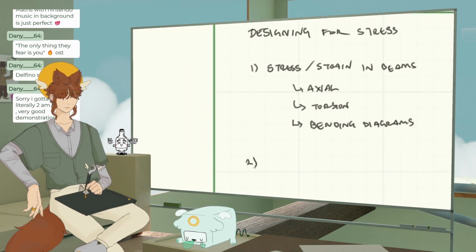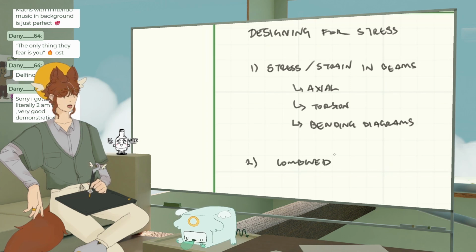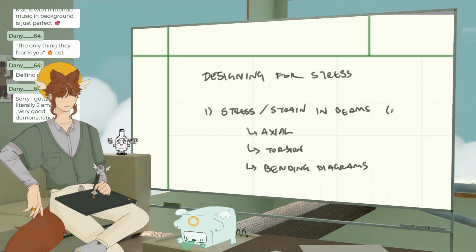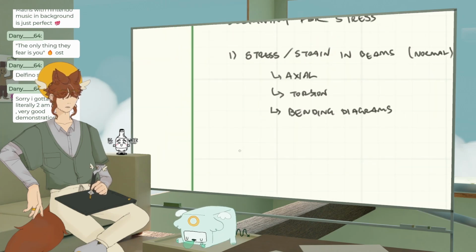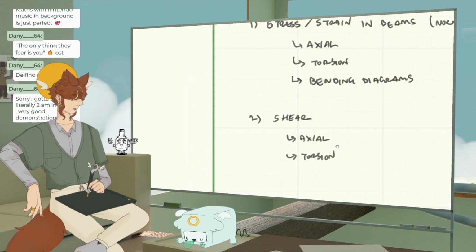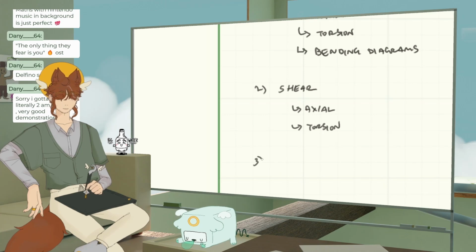No, I think there'd be another one on combined loading. Oh wait, we have to talk about shear. Stress strain in beams, normal. And the second one would be shear. So like axial, torsion. And then combined loading.